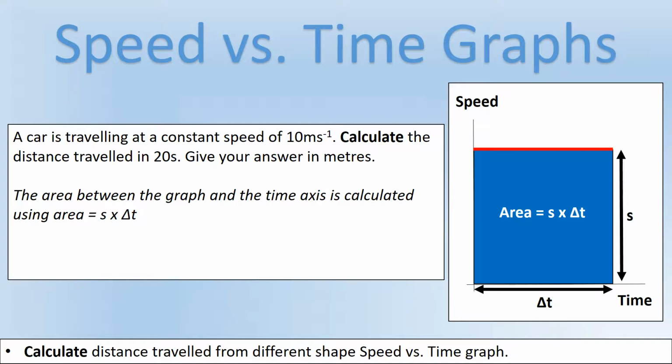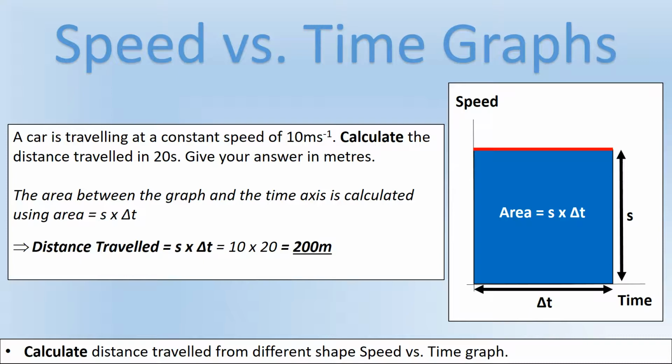So the area between the graph and the time axis, therefore, is a rectangle. And we calculate the area of a rectangle by multiplying its sides together. So this rectangle has sides of speed and change in time. So therefore, the distance travelled is the speed times the change in time, which is 10 times 20, which is 200 meters. So this is the simplest type of graph to calculate distance from.